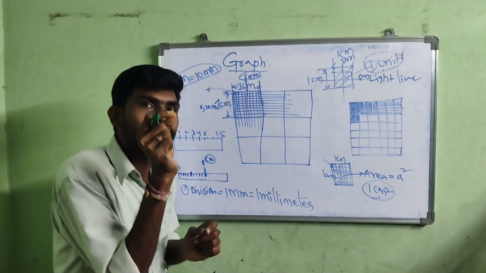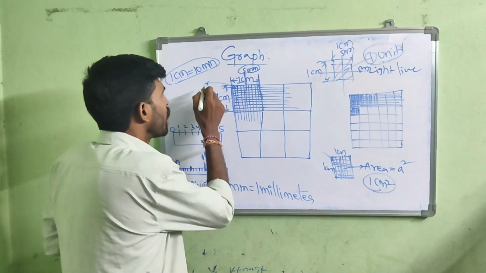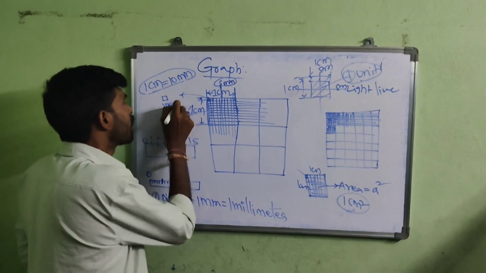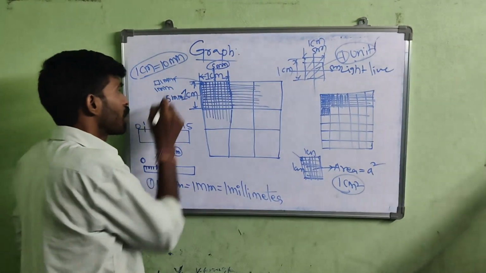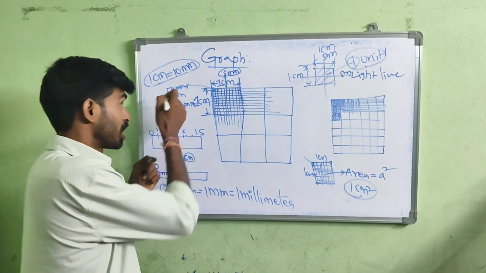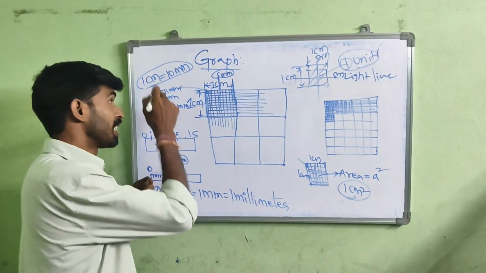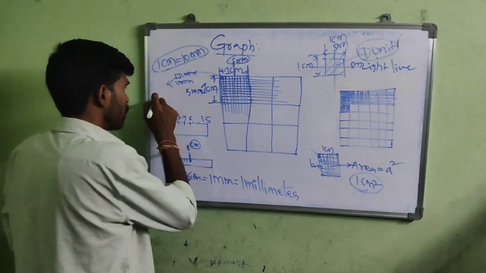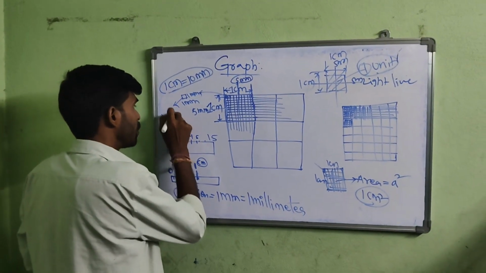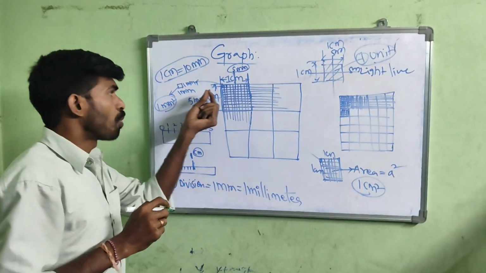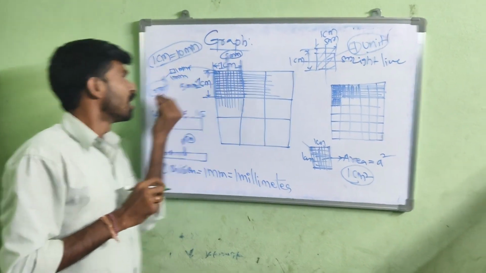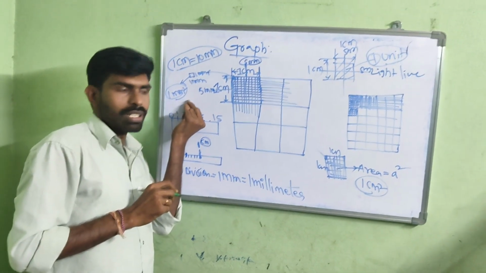One division is 1 millimeter, right? 1 millimeter here, 1 millimeter here. What is the area of this square? 1 millimeter into 1 millimeter, 1 millimeter square. This smallest division of the graph is 1 millimeter square.